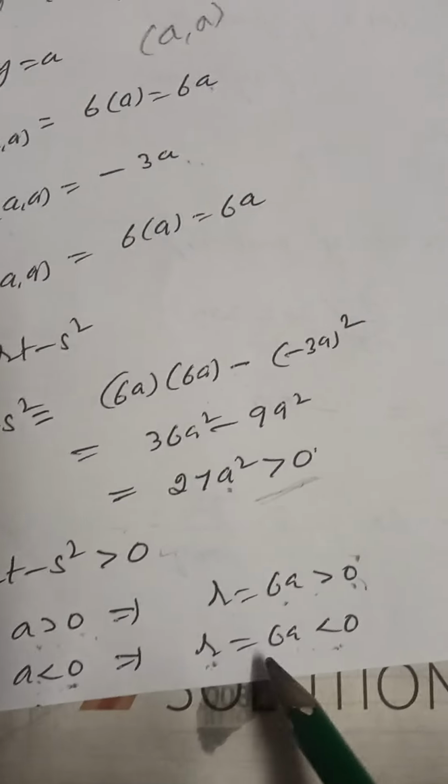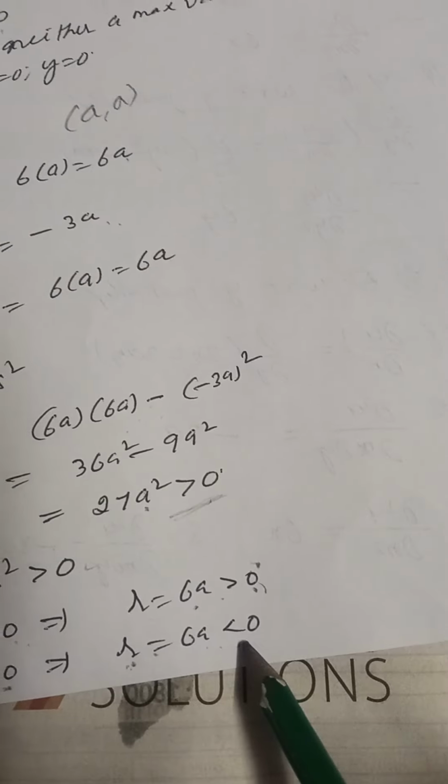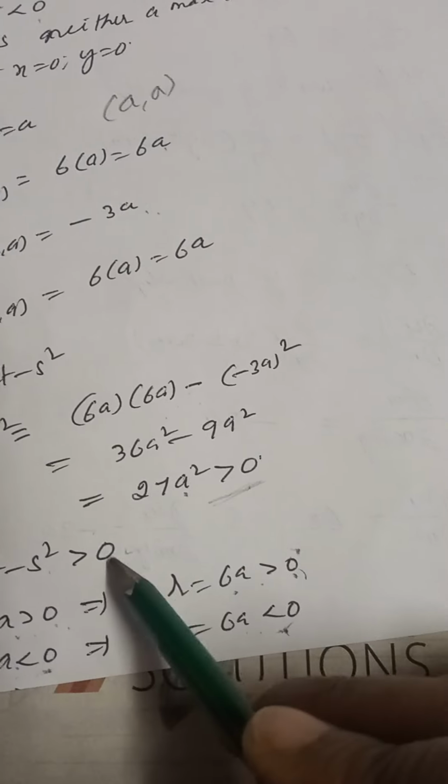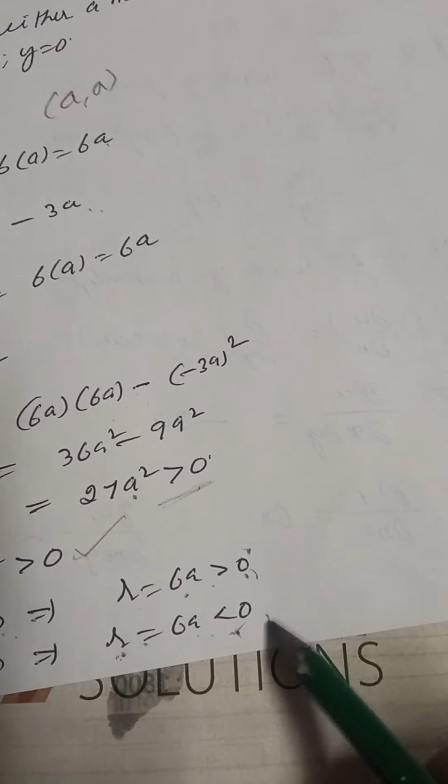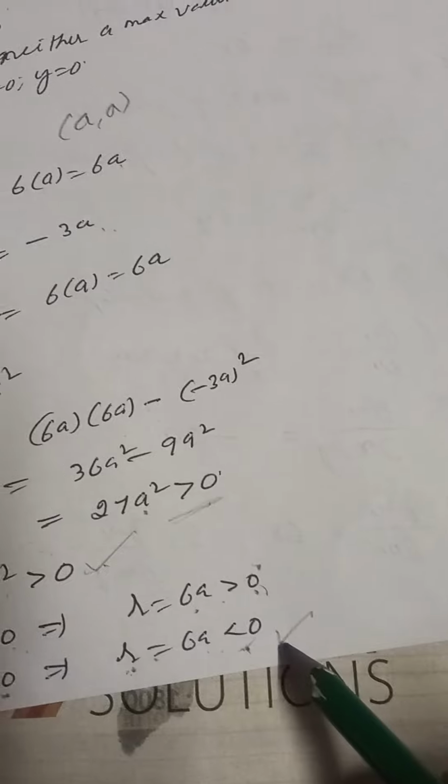If a is less than 0, then this r is less than 0, right? Here rt minus s square is greater than 0 and r is less than 0. In this case, at this point, the given function u has maximum value.